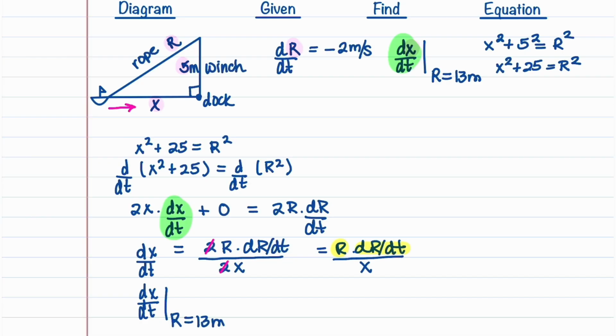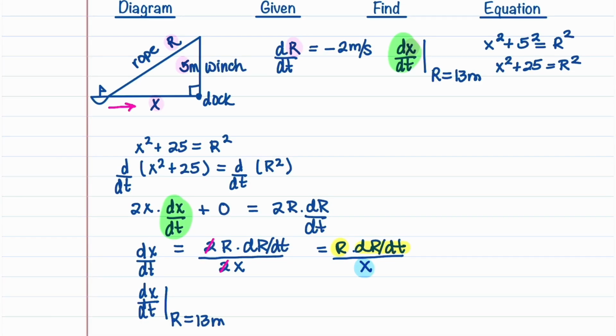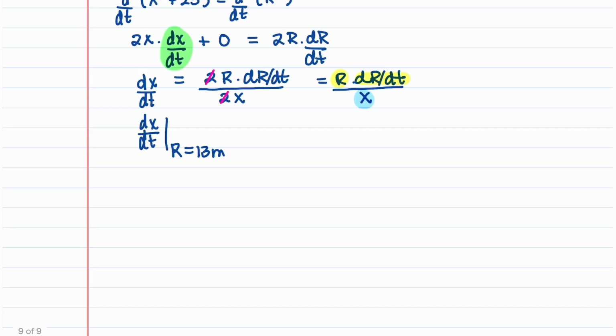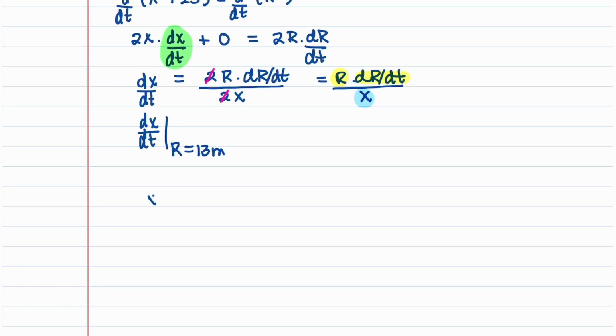We are given dr/dt, however, we do not know what x is. So we are going to have to use our equation x squared plus 25 is equal to R squared to find what x is. Let's go ahead and do that down here. I'm going to write down that x squared plus 25 is equal to R squared.